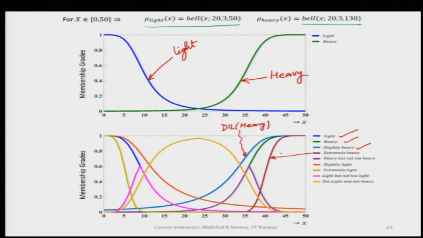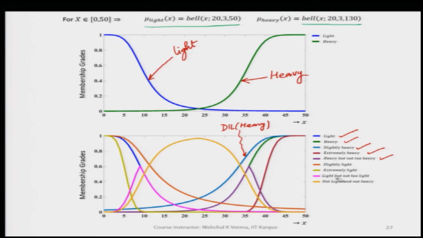This is extremely heavy, and similarly when we are interested in heavy but not too heavy, we use the connective but, and we get this by taking the intersection of heavy and not too heavy. When we are interested in slightly light, we take k equal to 0.5, so we dilate, and similarly for extremely light we concentrate 3 times, meaning k is equal to 8.